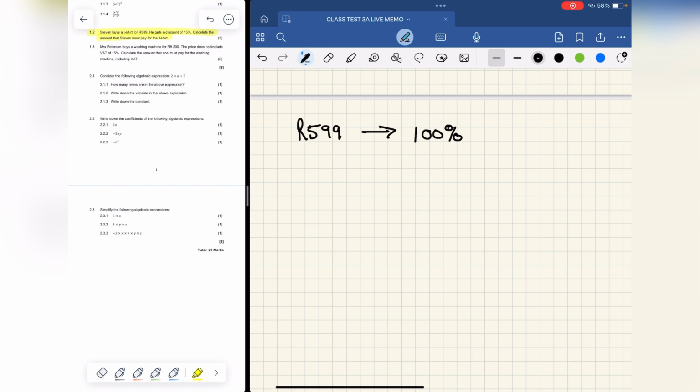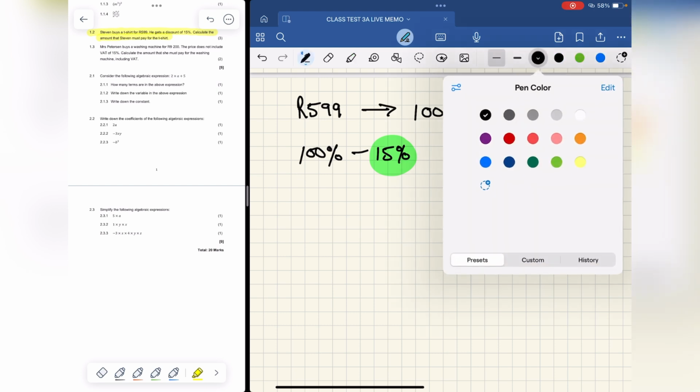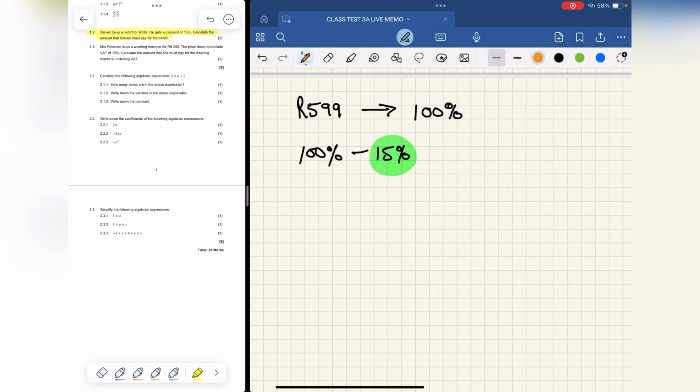So if I get 15% discount, it means 15% of this 100% I'm not going to pay for. So that is 100% minus 15%, and this is just an alternative way of thinking about it, because this, of course, is the discount.